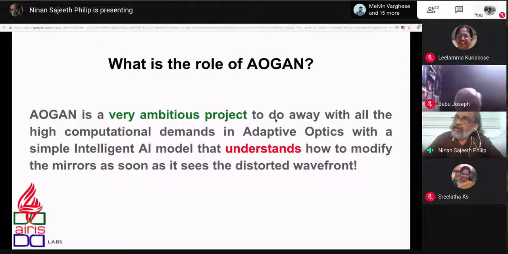So what is the role of AO-GAN? AO-GAN is a very, very ambitious project to do away with all the high computational demands of adaptive optics.